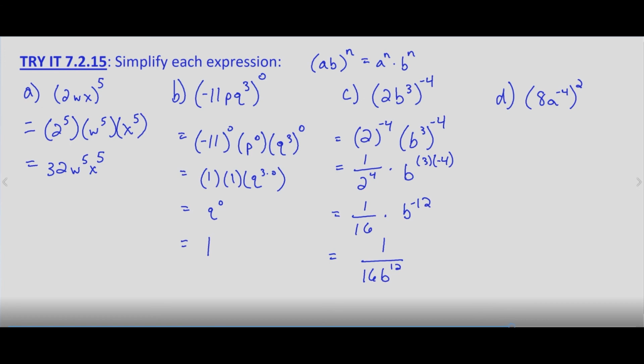And last but not least, with part D, we have (8a to the negative 4th) all being squared. It's multiplication on the inside of the parentheses, so we can distribute the exponent.